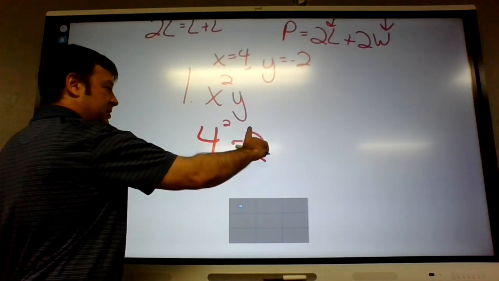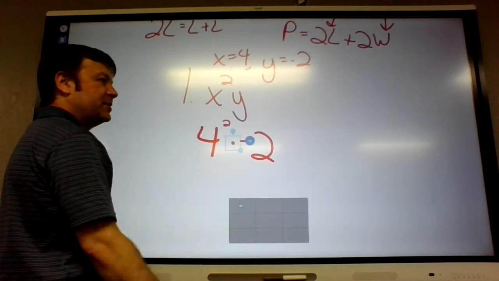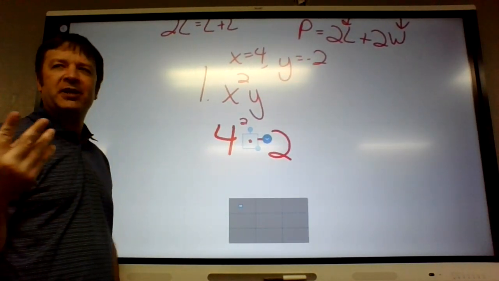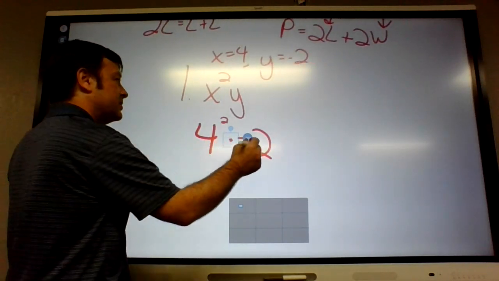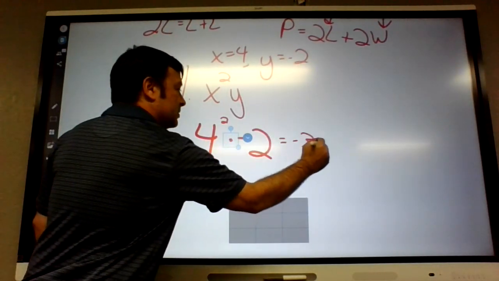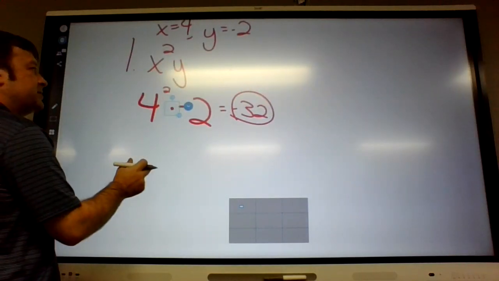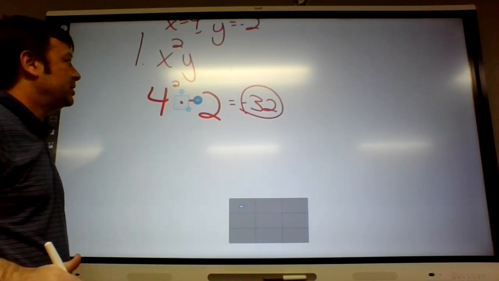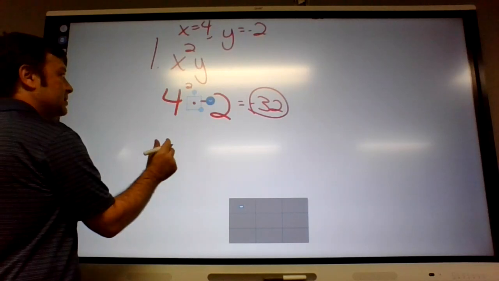All right, anyway, 16 times negative 2. You can use your calculator. Does anybody know that off the top of their head? Negative 32. So did we solve these ones? Yep. Nothing else to do but solve. You can't simplify any of these. They're all as simple as they get.